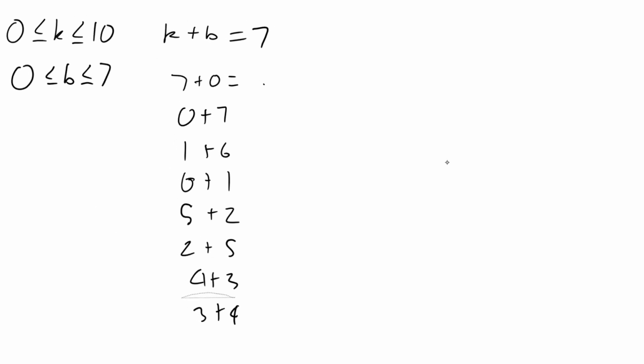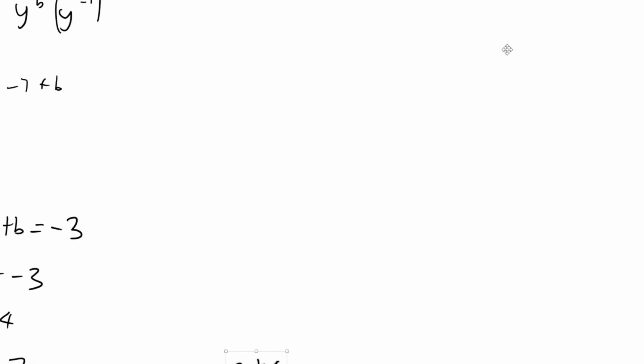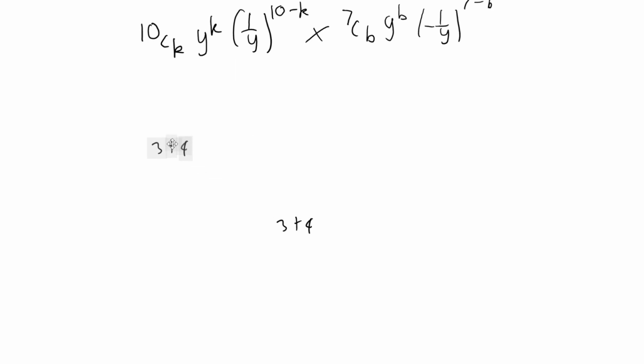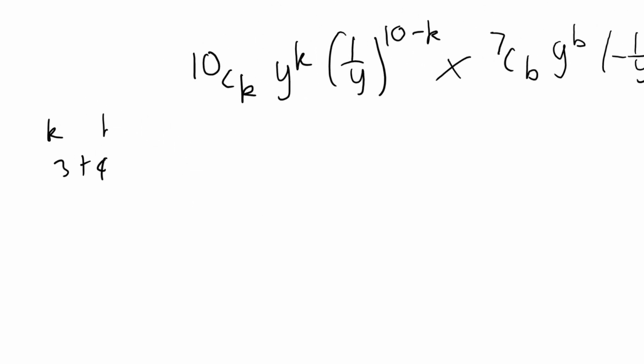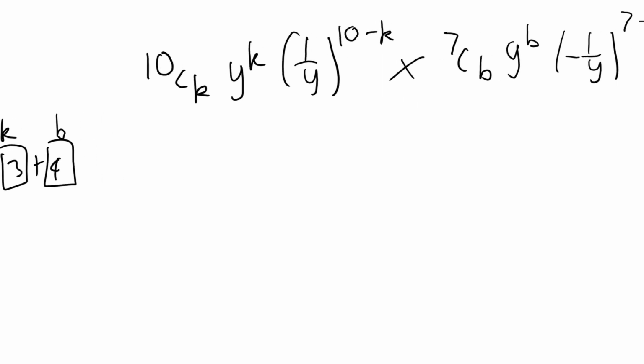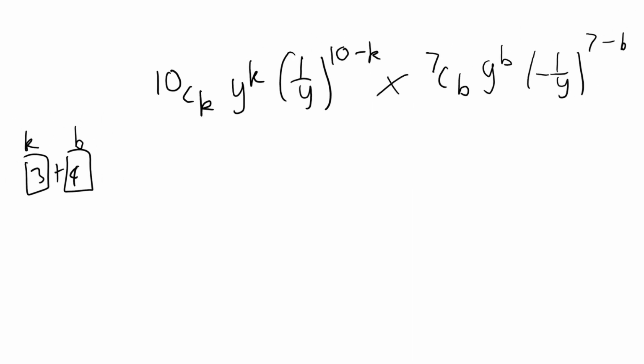I'll just take this one down the bottom here, and we're going to drag it up so that I remember it. Okay, so this is what k and b equal. K is at the top, b is at the bottom. We'll just circle those so we know. And now we're going to sub k and b into these equations, and we'll see what happens.